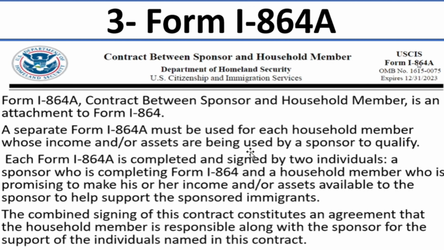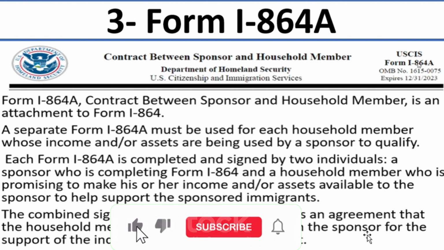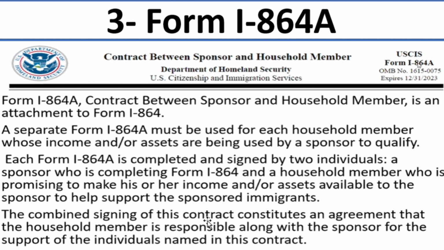This form must be signed by two people, the main sponsor completing I-864 and the household member, because this is a contract between the sponsor and a household member to provide the income to sponsor the immigrant. The combined signing of this contract constitutes an agreement that the household member is responsible along with the sponsor for the support of the individual named in this contract.